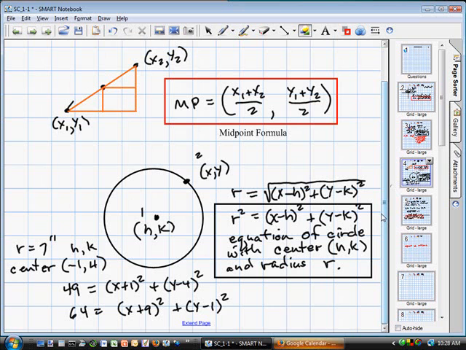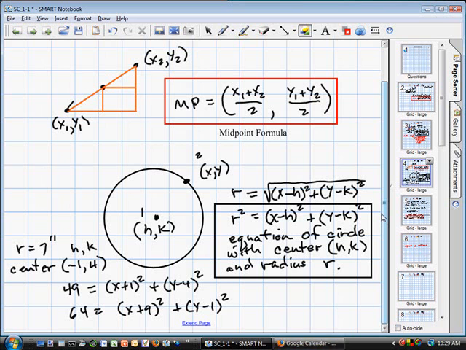Notice in this form, the h and the k are always subtracted. So if I want a center at -9, I have to subtract a -9, which makes it an addition. Okay, that's another big one, the equation of a circle.